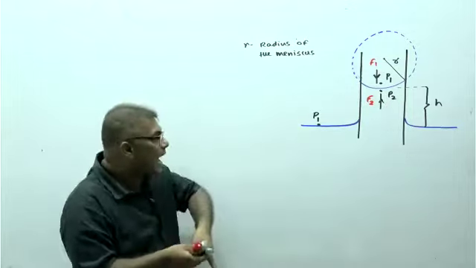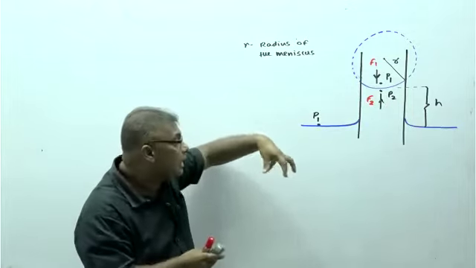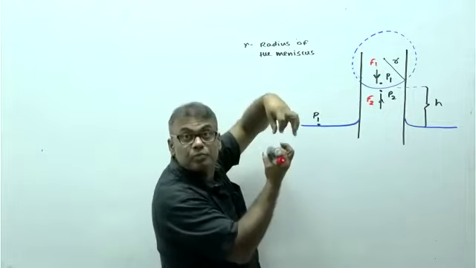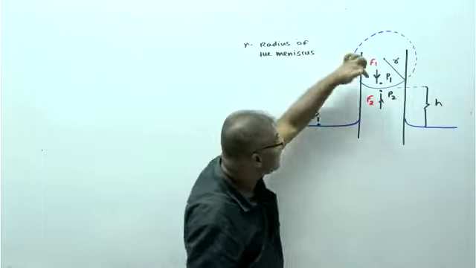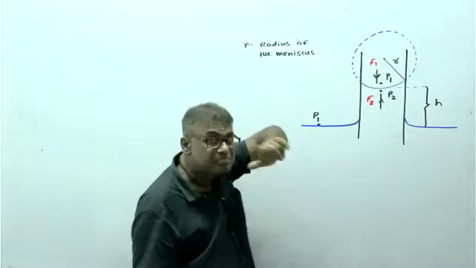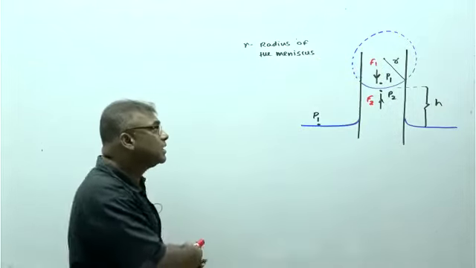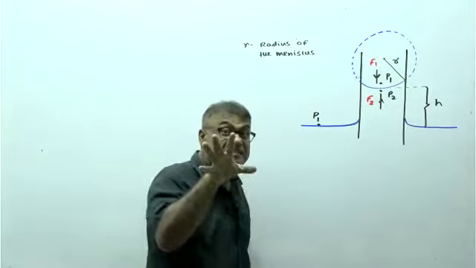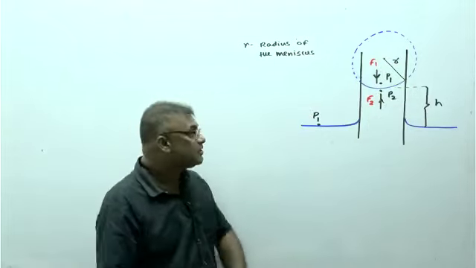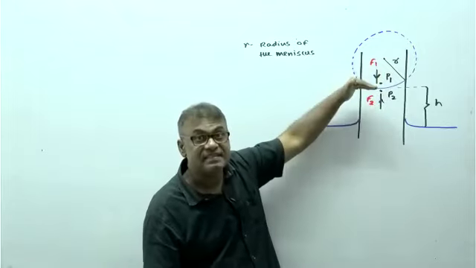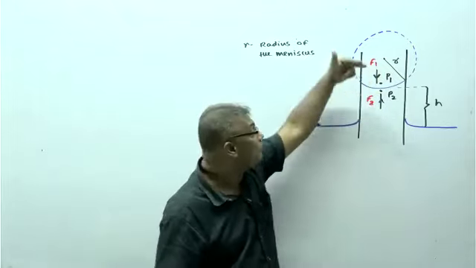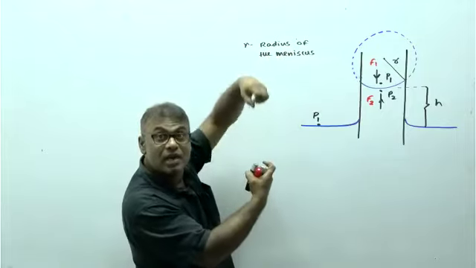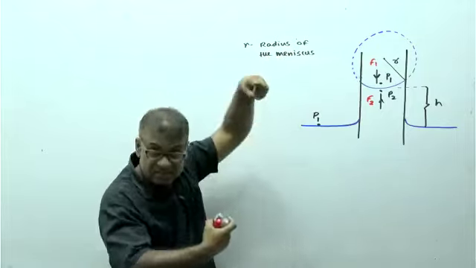So the argument is this: the atmosphere pushes down, the liquid pushes up. The meniscus has pressure from above and from below, so there should be a pressure difference. But there is a problem here. If the pressure is higher on this side and lower on the other, the meniscus cannot stay. It is no longer applicable at this instance of the meniscus if P1 is greater than P2. P1 is greater, P2 is lower, the liquid pushes down and the meniscus goes down.